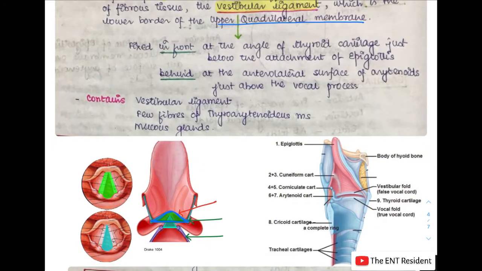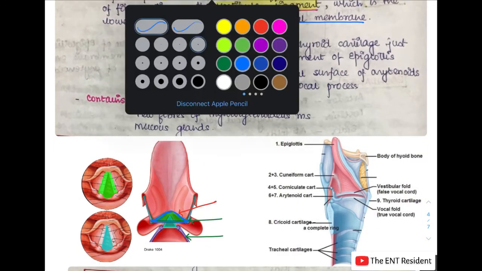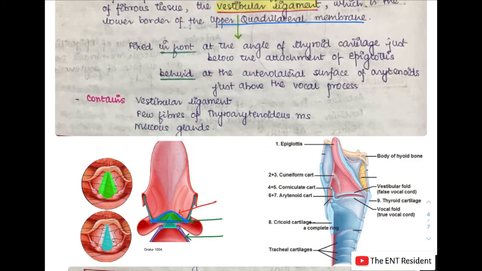So it is fixed in front at the level of the thyroid cartilage. This is the vestibular fold or the vestibular ligament. You can see over here the anterior attachment is at the angle of the thyroid cartilage just below the attachment of the epiglottis, and behind it is attached to the anterolateral surface of the arytenoids just above the vocal process, as you can see over here.